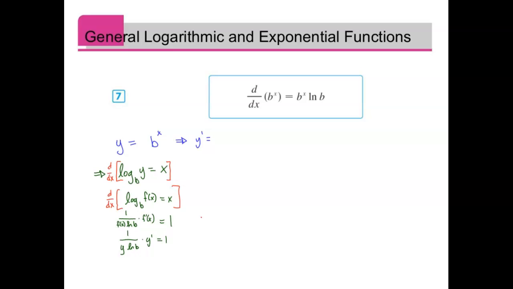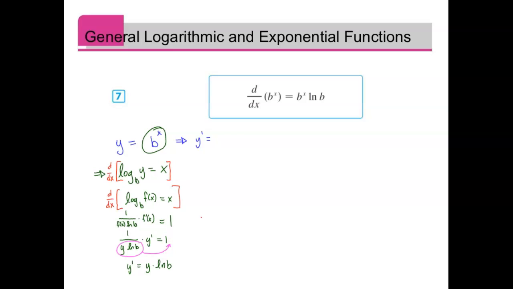All right, well, remember my goal is to figure out what y prime is, so I want to isolate that. So I'm going to multiply that y natural log b to the other side. So I have y prime equals y times natural log of b. But my original function is just a function of x, so I would like my derivative to also be in terms of x.